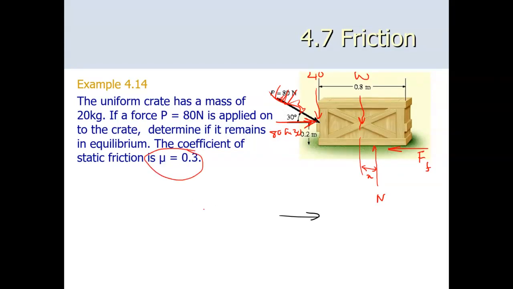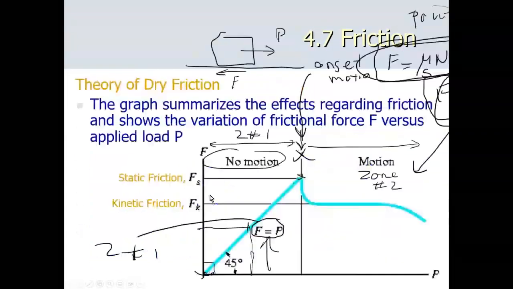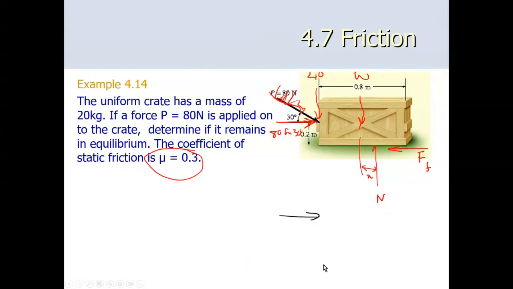It means for now, you have to ignore the coefficient. All you know, in all three cases, which I showed you, one equation is applicable. Whether you are in the first zone, second zone, third zone, the equilibrium of the forces applies.